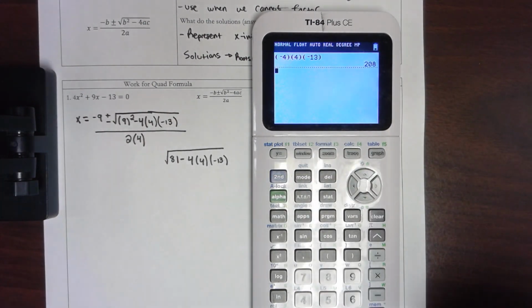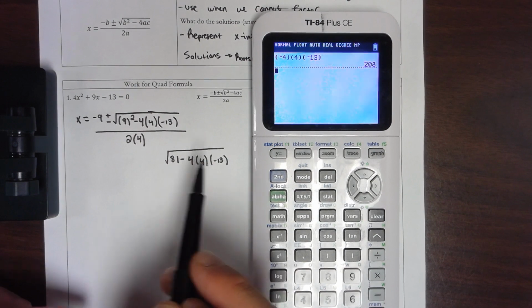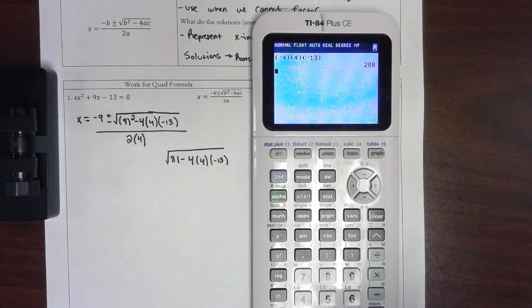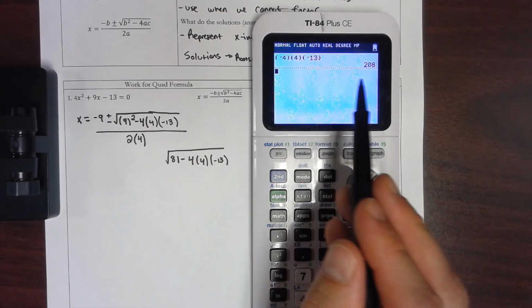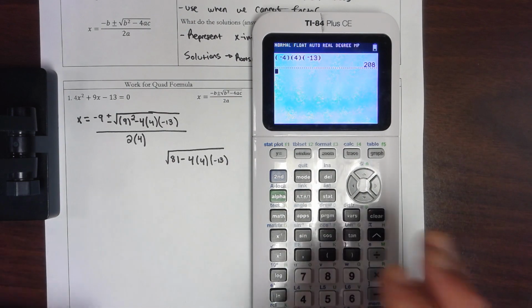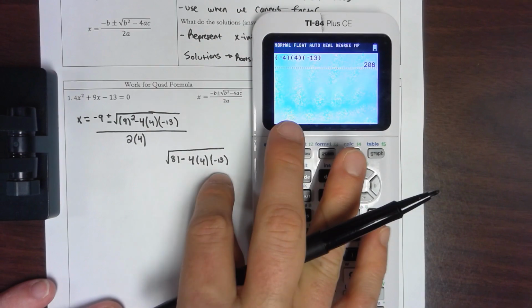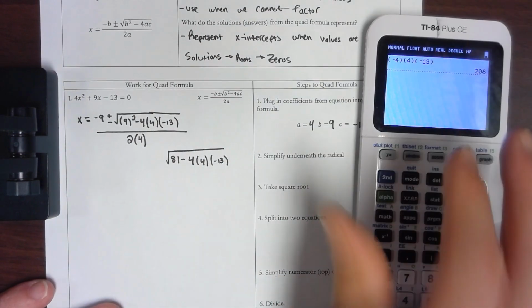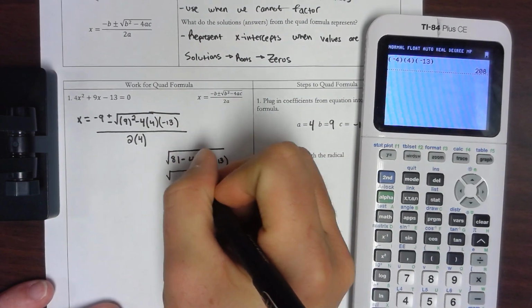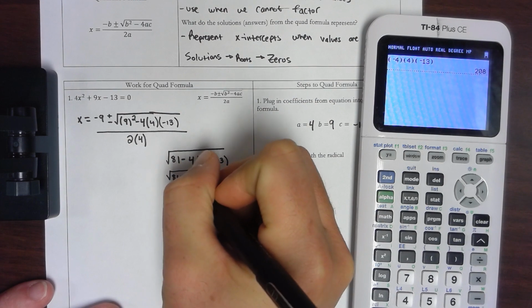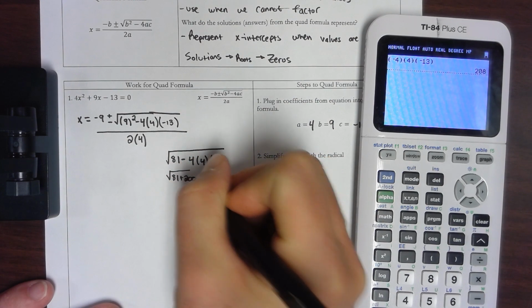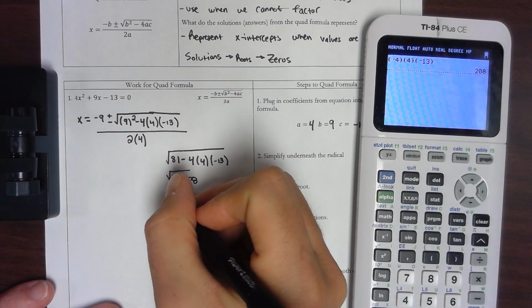But I already took note of that, right? I already made note of that I have 2 negatives here, and thus I should be adding. And with this being positive, just confirms my original thought. So this negative 4 times negative 13 worked out to be 208. So we're going to take 81 and add 208. So 81 plus 208 is the square root of 289.